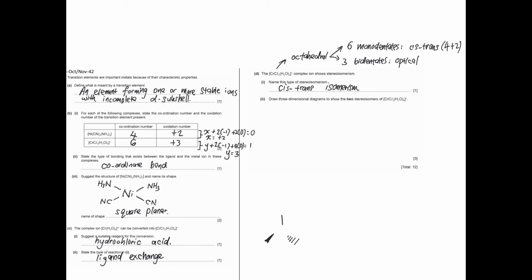Now let's draw it. We focus on how to draw cis and how to draw trans. Cis is side by side. Trans is opposite to each other.